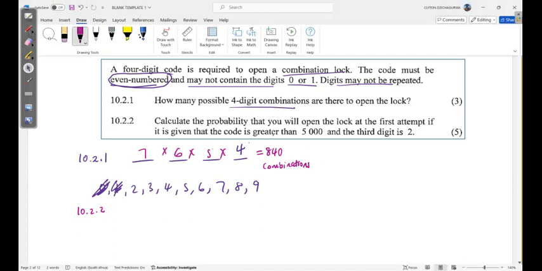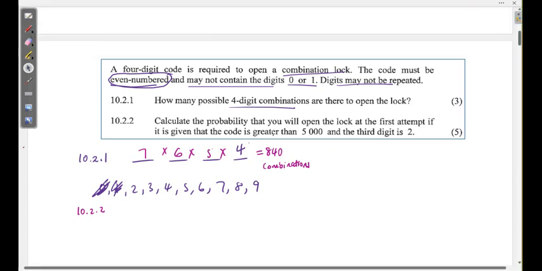So what does it actually say? Calculate the probability that you are going to open that lock at the first attempt, if it is given that the code is greater than 5,000 and the third digit is 2. So these are restrictions there.